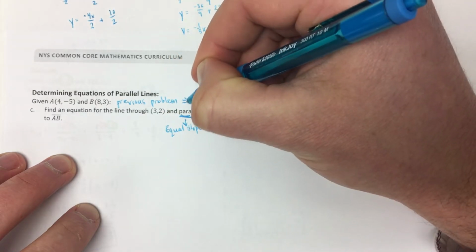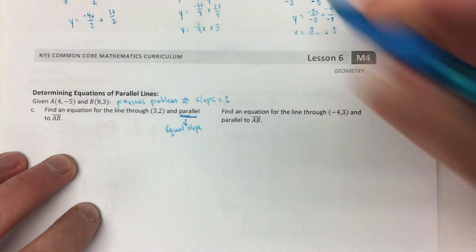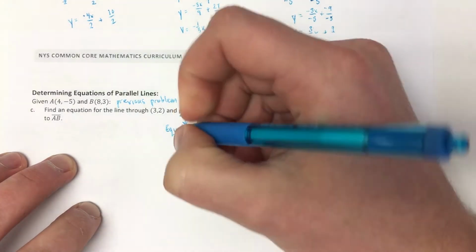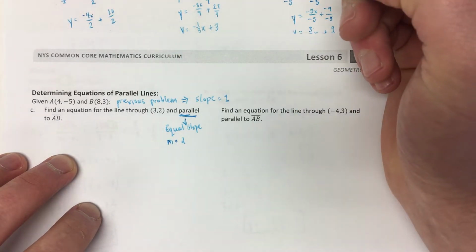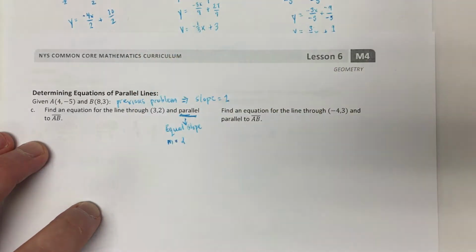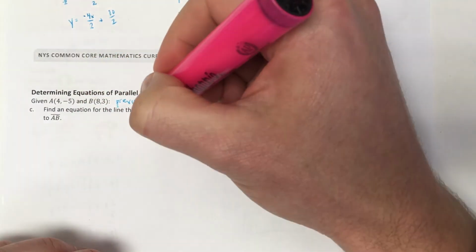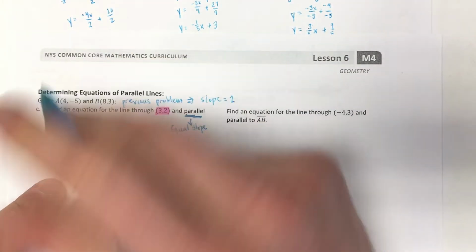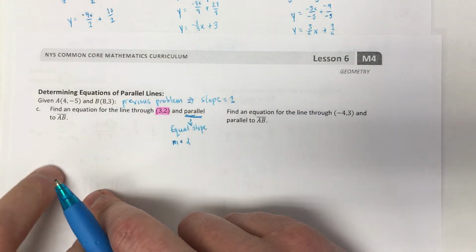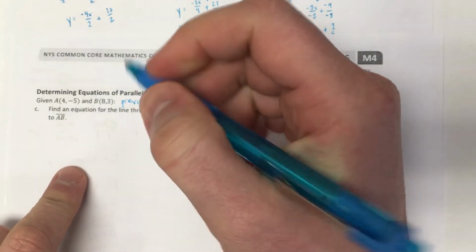Where we know the slope equaled 2. And so if it's an equal slope, that means the slope m is going to be equal to 2 also. Since I want to go through the point 3, 2, that gives me my x and my y value. So in one situation, I'll do the point slope formula, and the other one I'll do slope intercept.